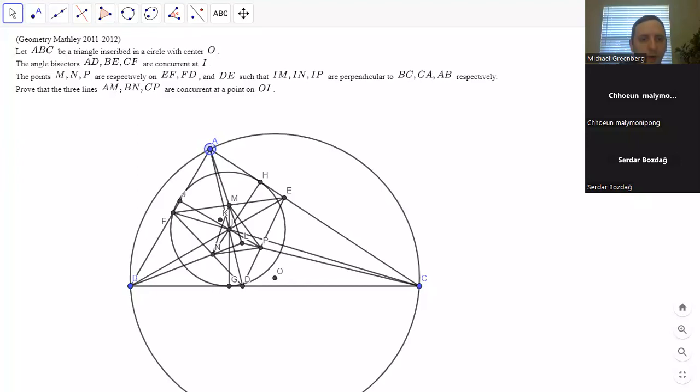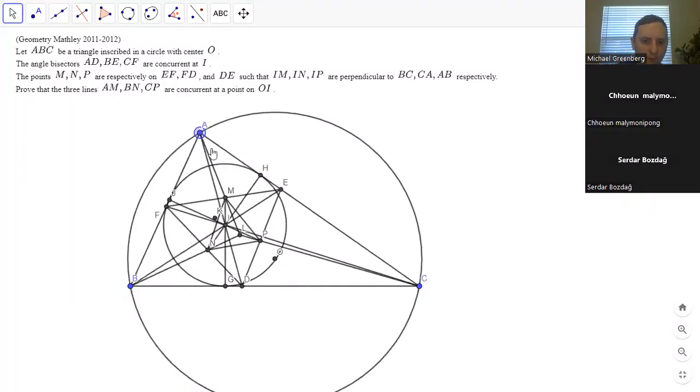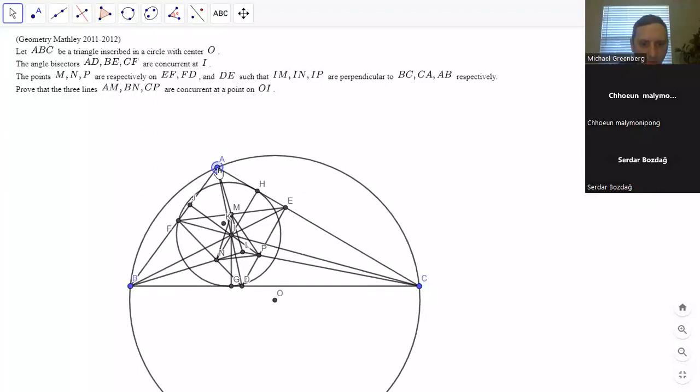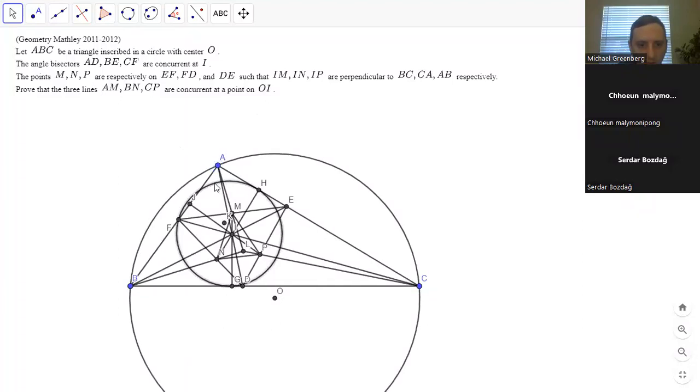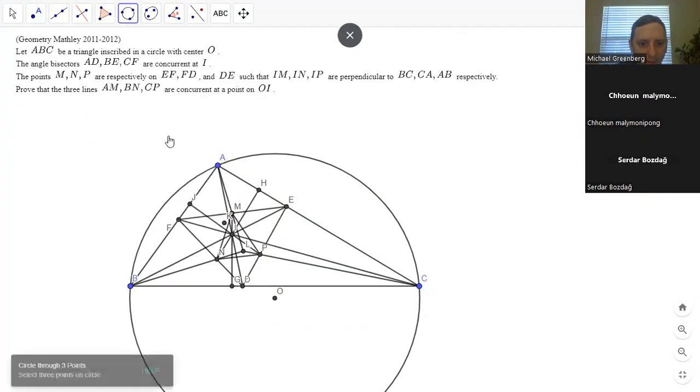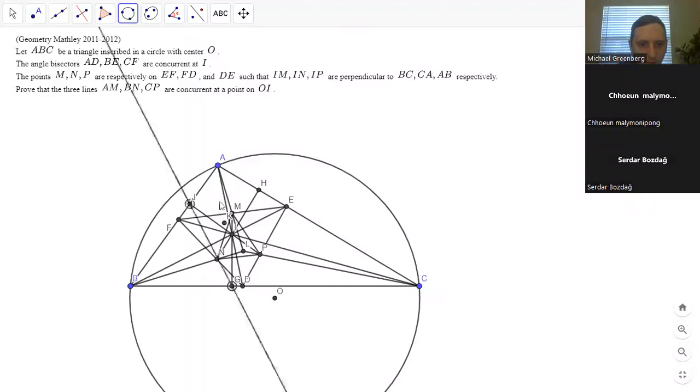Wait, how did I define K? K is supposed to be the orthology center, right? Yeah. Oh, but wait, I didn't draw the incircle right. If I did, maybe it is.